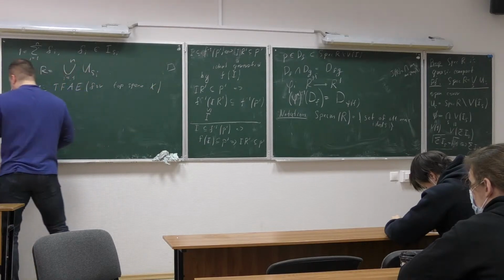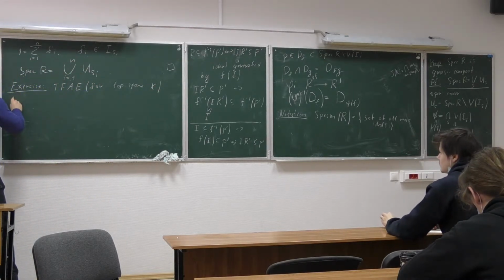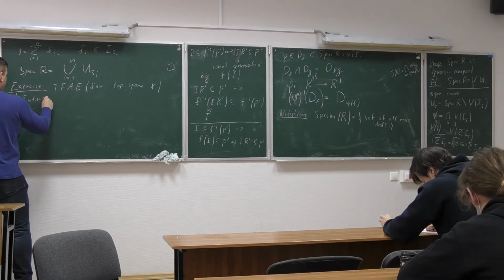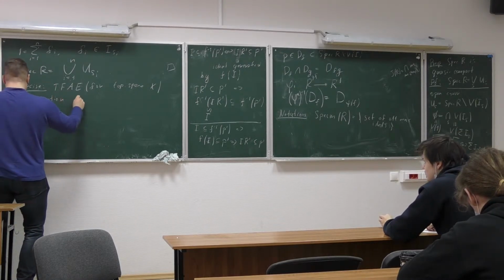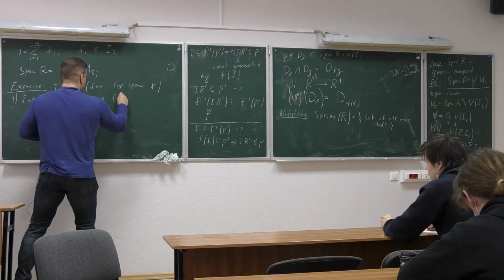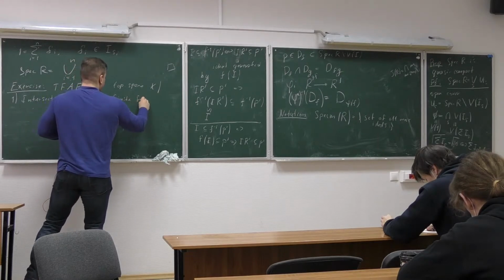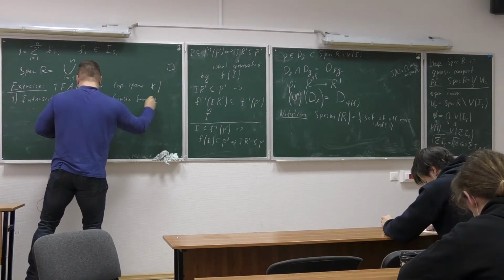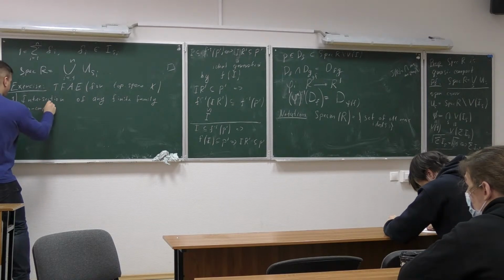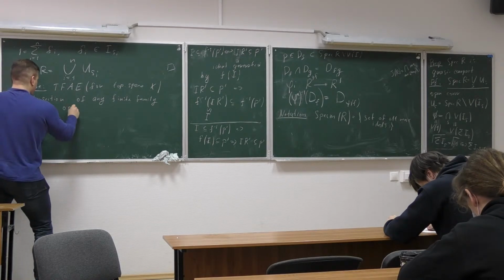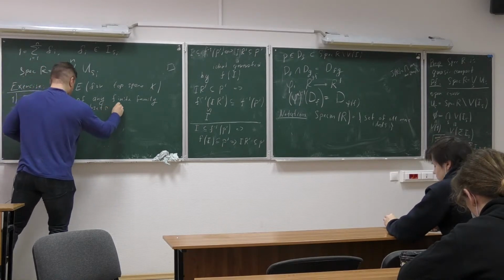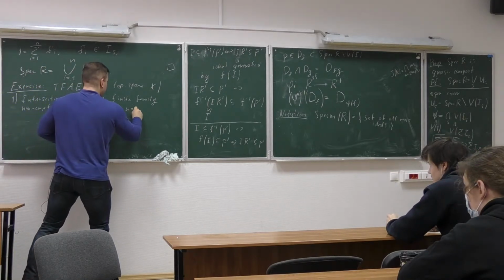For a topological space X, the following conditions are equivalent. The first condition is that the intersection of any finite family of non-empty open subsets is non-empty.